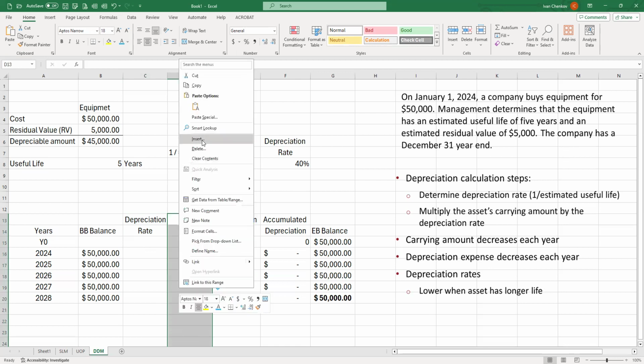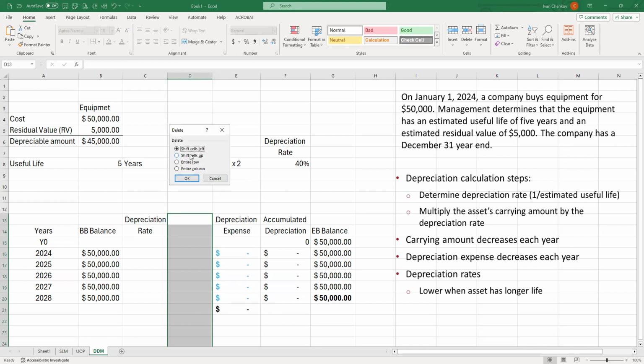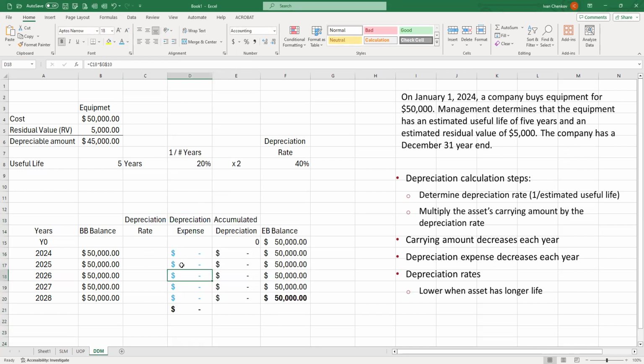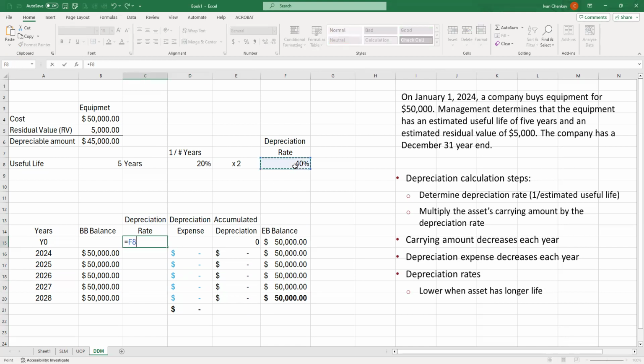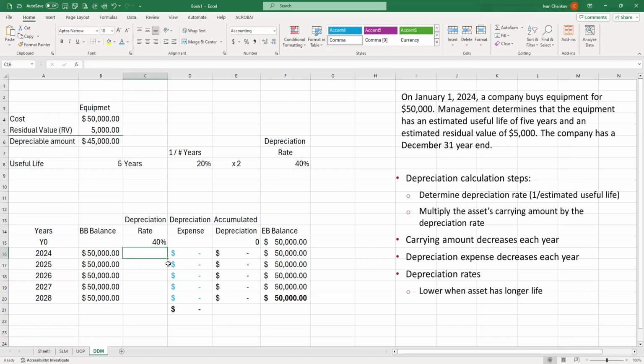Let's get rid of those. And that's how we're going to get our depreciation expense. Accumulated depreciation is always going to be the depreciation expense of the current year plus the year before. So let's apply. Our rate here is equal to the rate that we calculated, 40%.